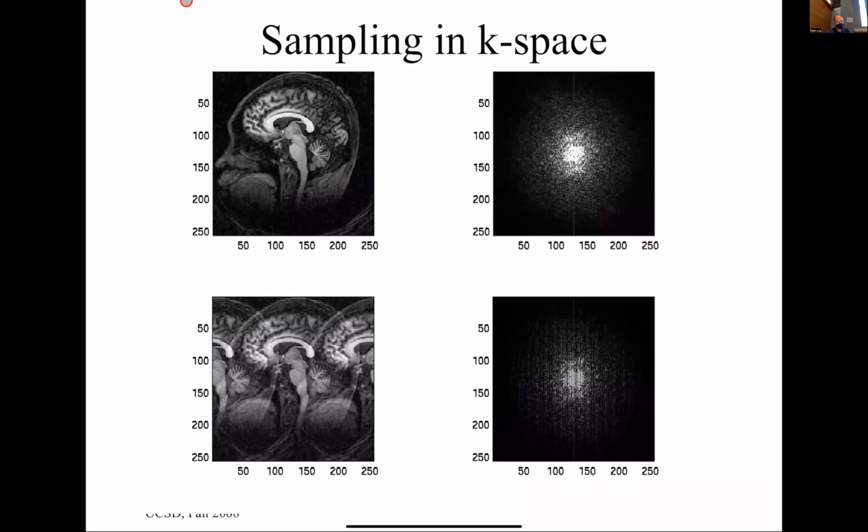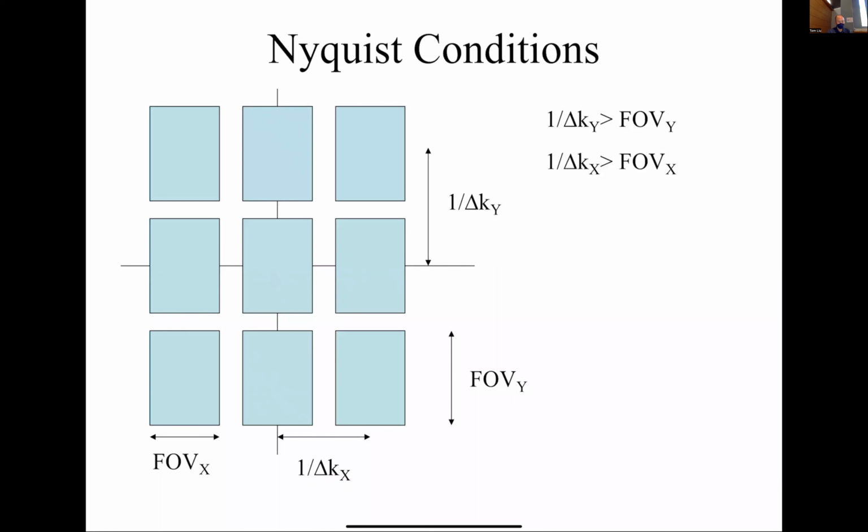Okay, just to remind you why sampling matters in k-space. If we don't sample finely enough, then we get these image overlaps. Okay. And so the first Nyquist condition we have, or the Nyquist condition is basically to avoid the aliasing. And so your design equations are simply these, and then in your code, you can always just say delta kx equals 1 over field of view of x, delta ky equals 1 over field of view of y.